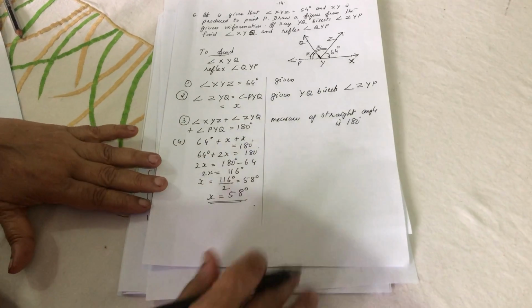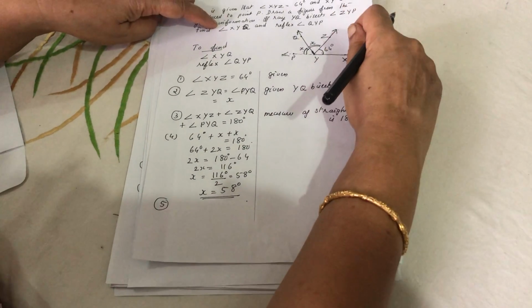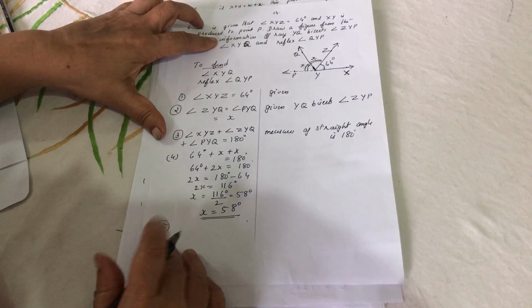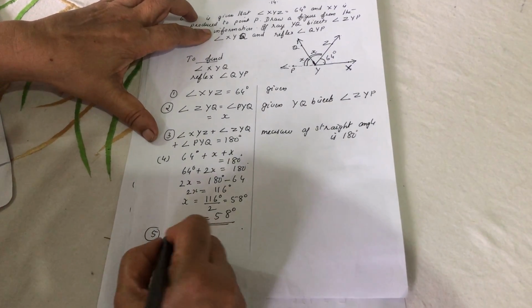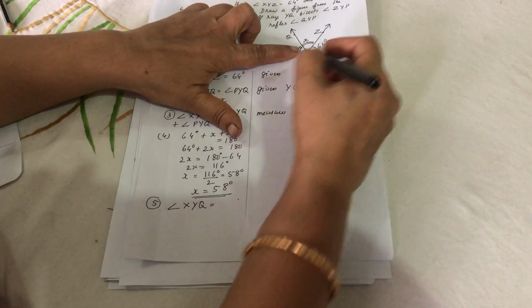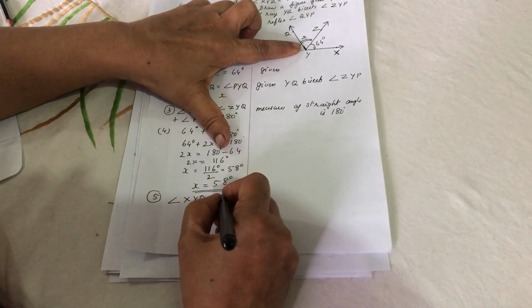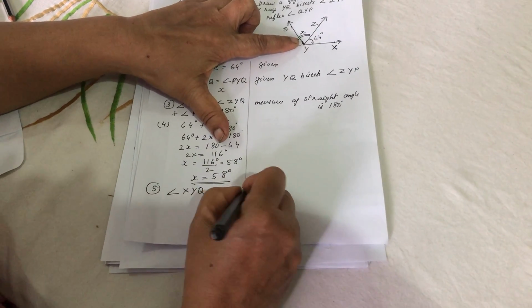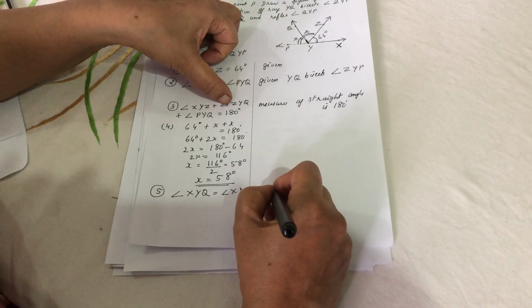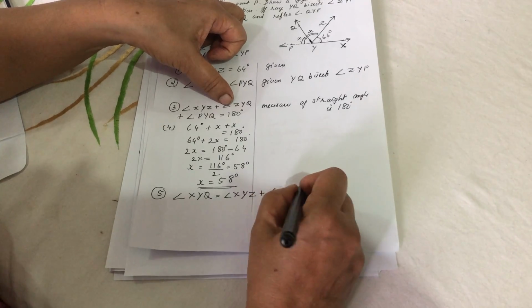Then fifth one, you want to find out XYQ. XYQ, you know that it is this angle XYZ plus angle ZYQ.